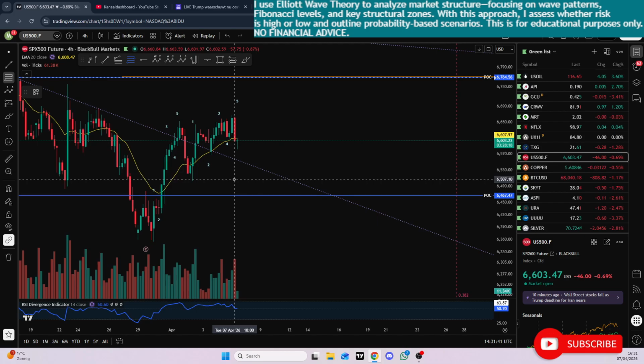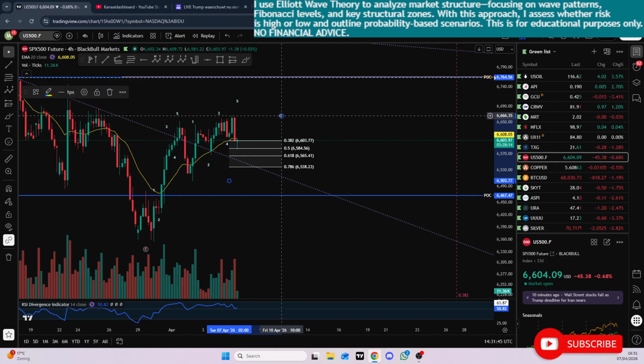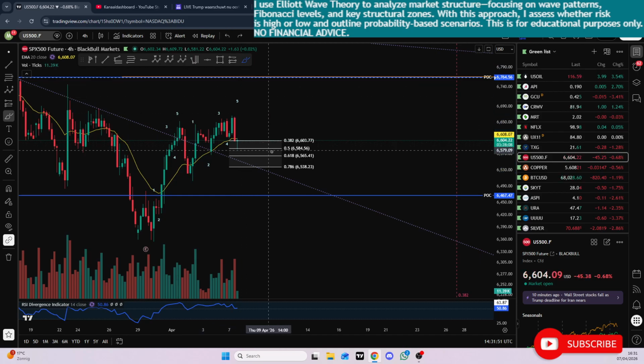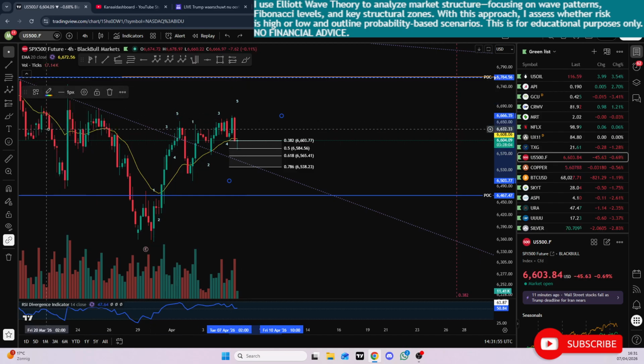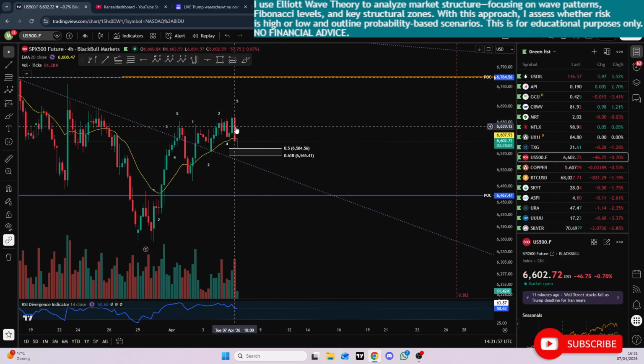I'm gonna first pull fibs from this low to this high, indicating this whole move as a wave 1, into these fibs now. And we are now at the 0.5 to 0.618. And it's trying again. I'm not saying it's gonna hold, but it's trying.